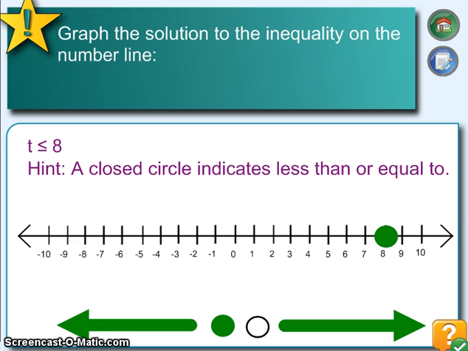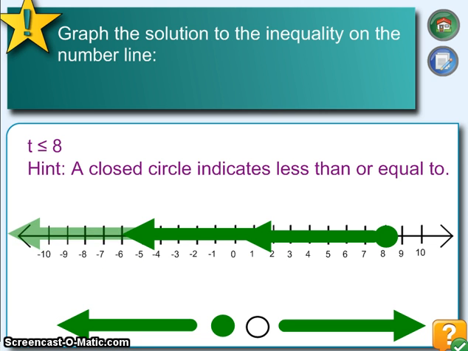Again, we have less than, and notice that the less than arrow is also pointing in the same direction we want to be shading. So that is a little trick that you can use as long as the variable comes first in the inequality. If the variable comes first, then you'll always be shading in whatever direction that inequality arrow is pointing.